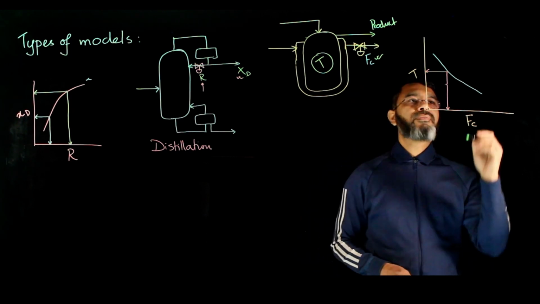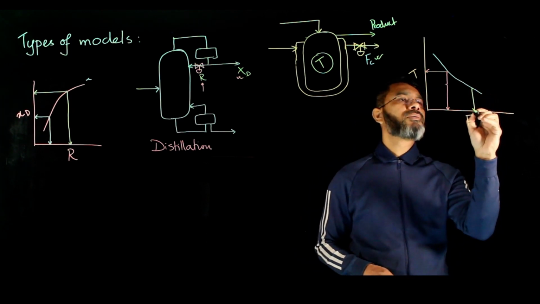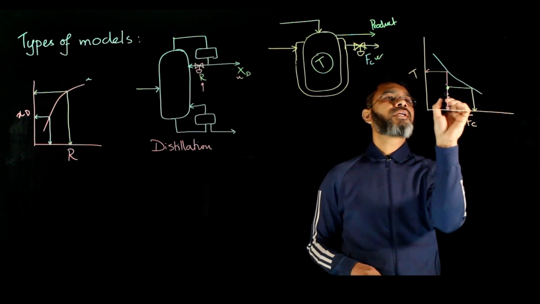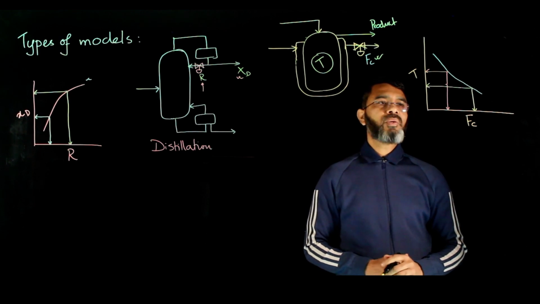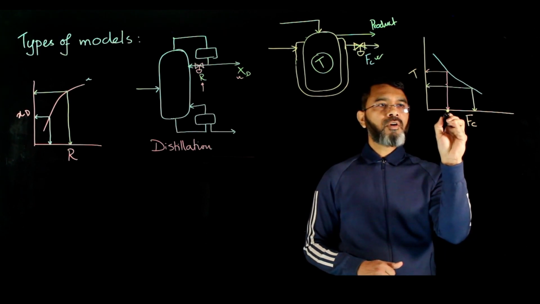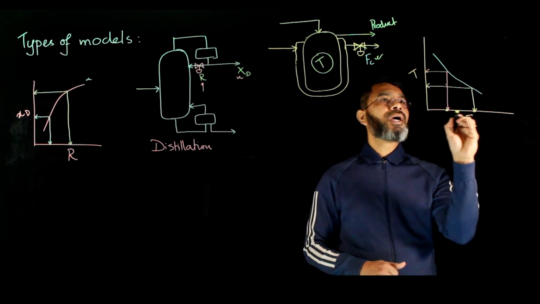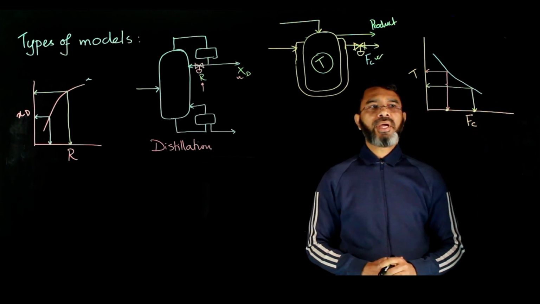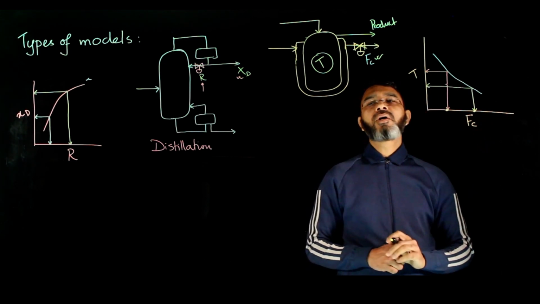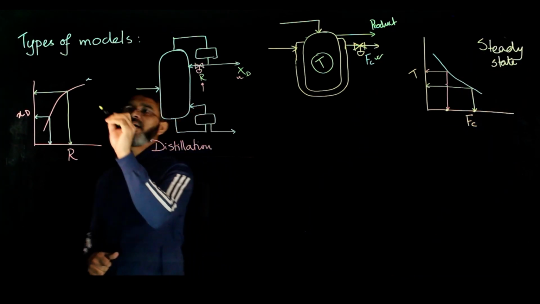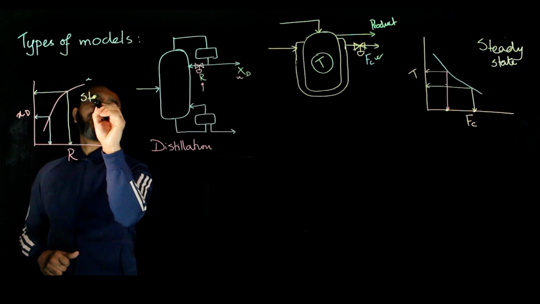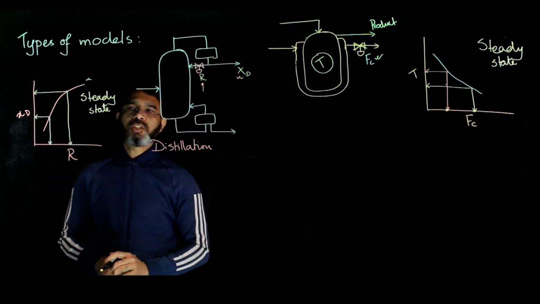And if you have a coolant flow of this much, the reactor temperature will be something like this. However, this relation does not tell you, if you change the coolant flow from this value to this value, how the reactor temperature is going to change. So this relation, we call the steady state relation. So this is the steady state relation between reflux flow and the top composition.